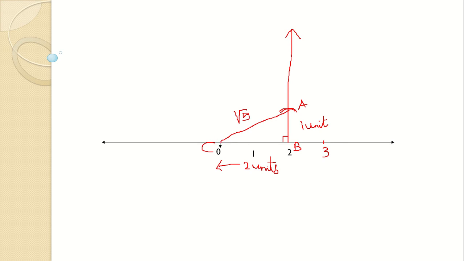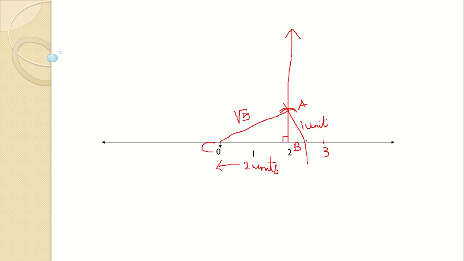So now I will keep the compass iron point at 0, and pencil point at A. That is a root 5 distance in my compass. Then from A just make an arc here like this.